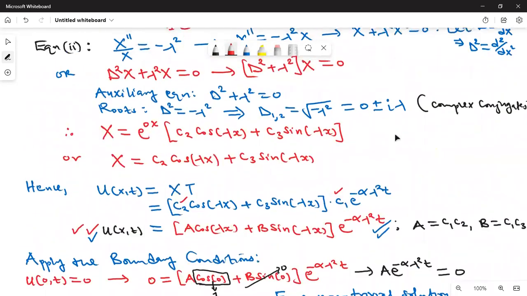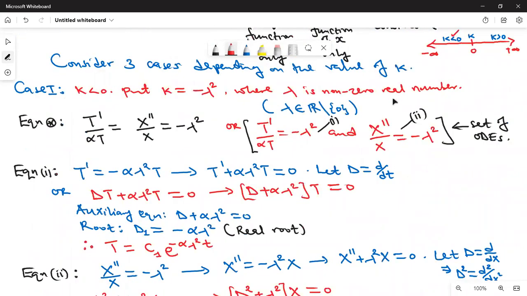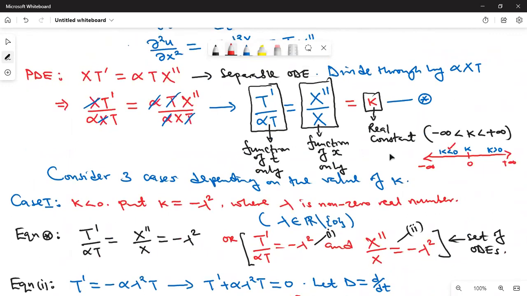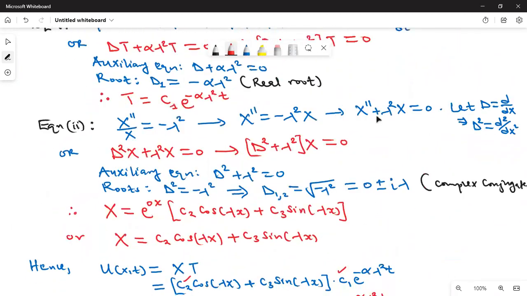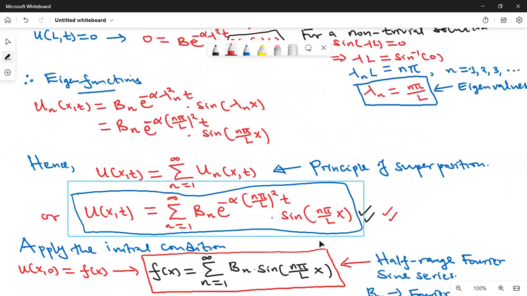That's the second case. Our equation star, which one was it? It was this one. T prime over alpha t equals x double prime over x, which equals k. And in this case, k equals 0. So with 0, what are we going to get? So let me take you down.